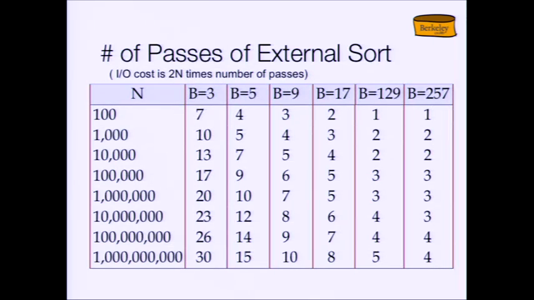All right, this gives you a little better sense. If you have a sizable number of buffers, even for a very big file, you will have a small number of passes. And the truth is, for most workloads, you can do it in 2 passes, pass 0 and 1 merge. But what do I mean by most workloads?